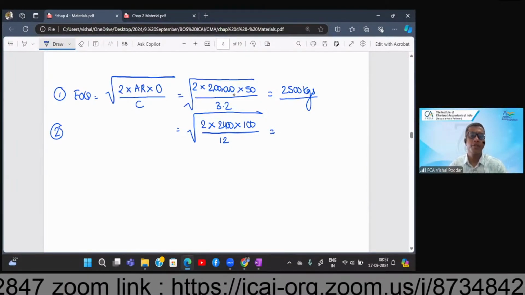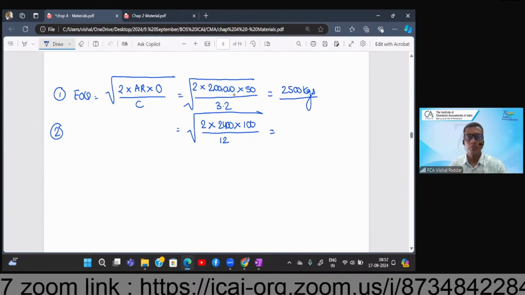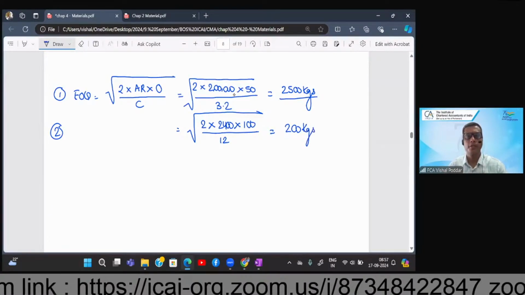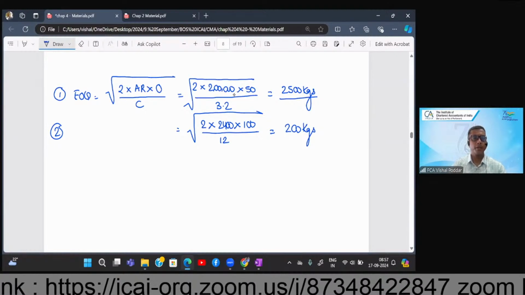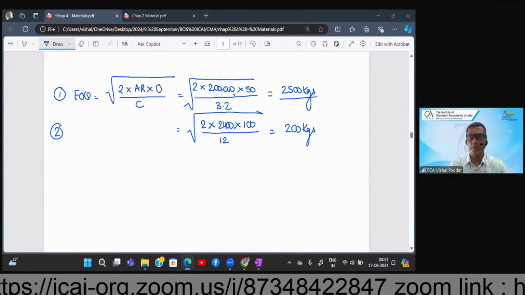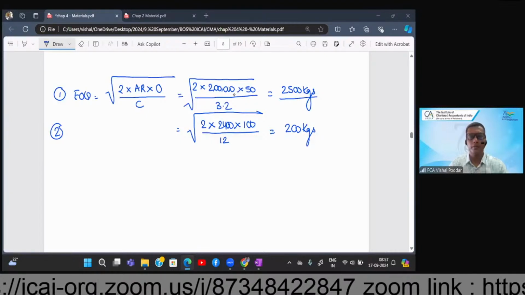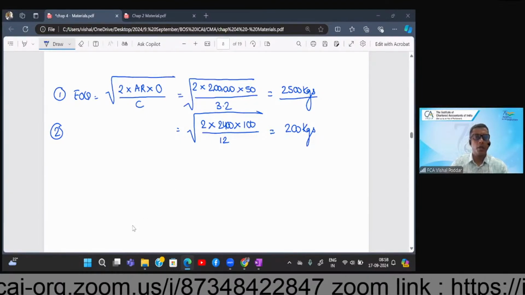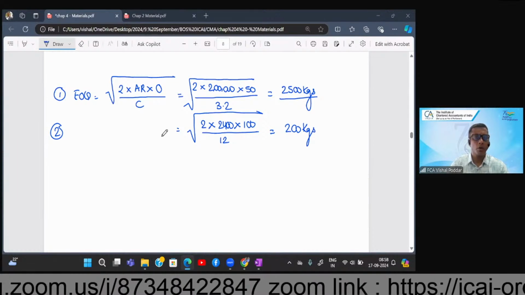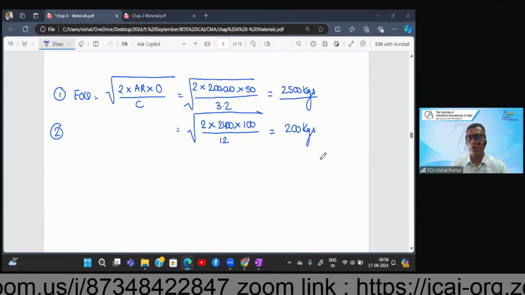So here my answer is 200 kgs. Correct? So I hope everybody understood this, right? Excellent. Good. Now let us go ahead. Sai, you had raised your hand. I think you got the answer, right? Your doubt is solved.